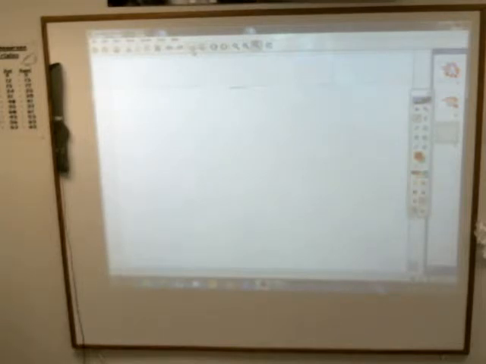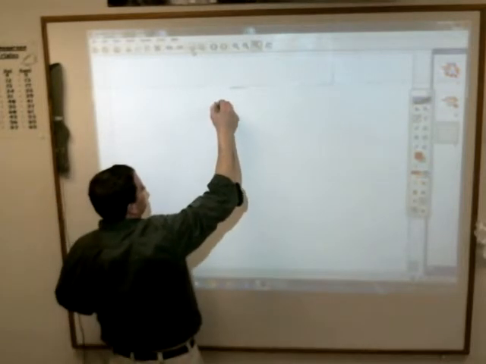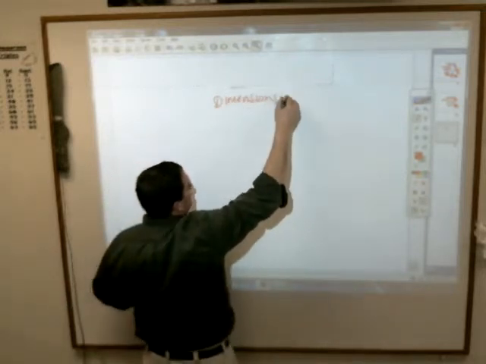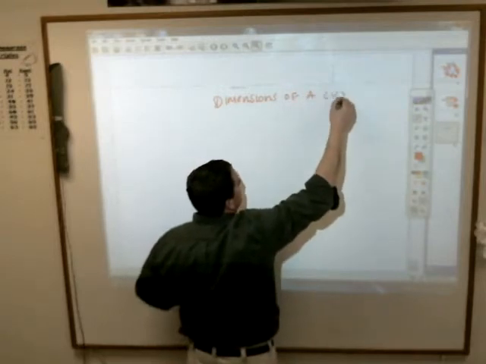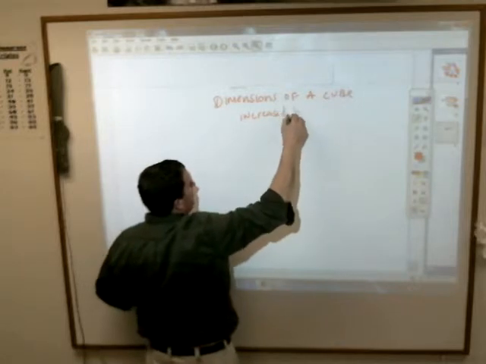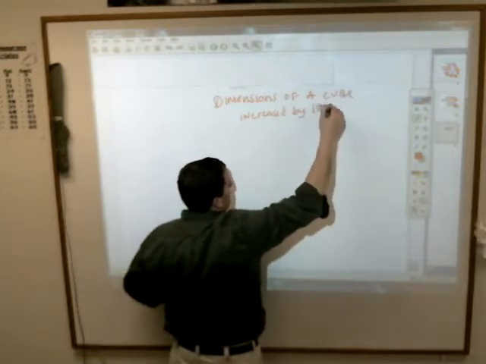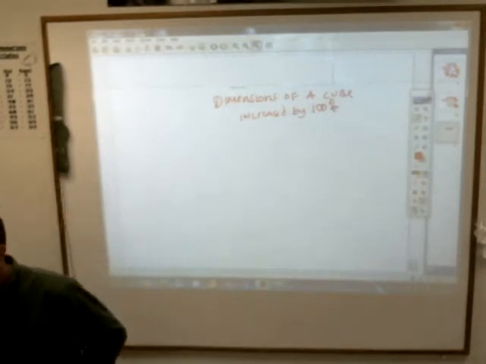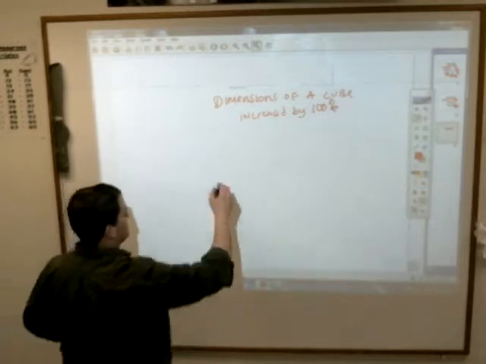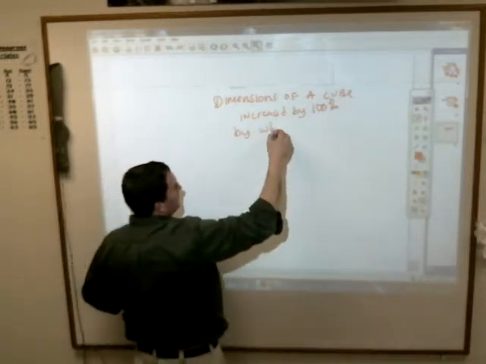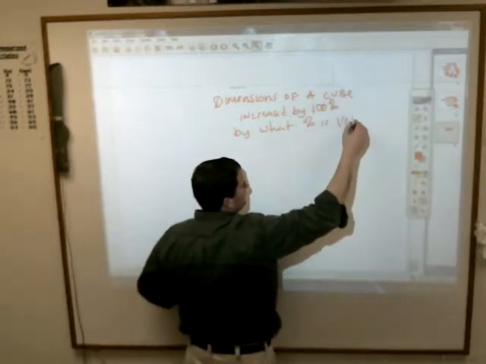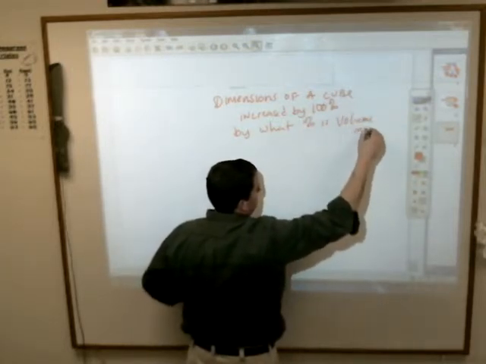If the dimensions of a cube are increased by 100%, the question is, by what percent is the volume increased?